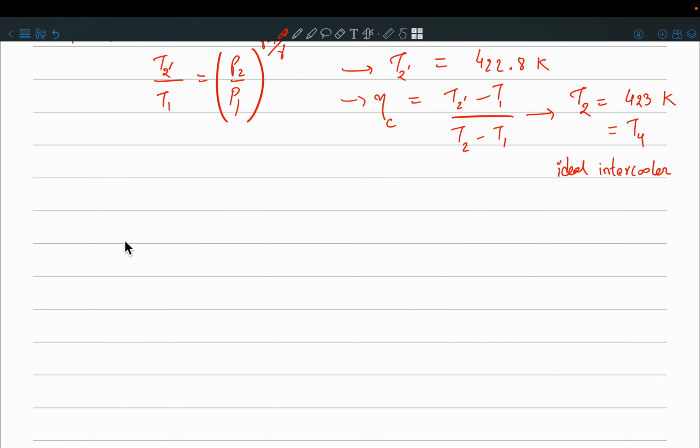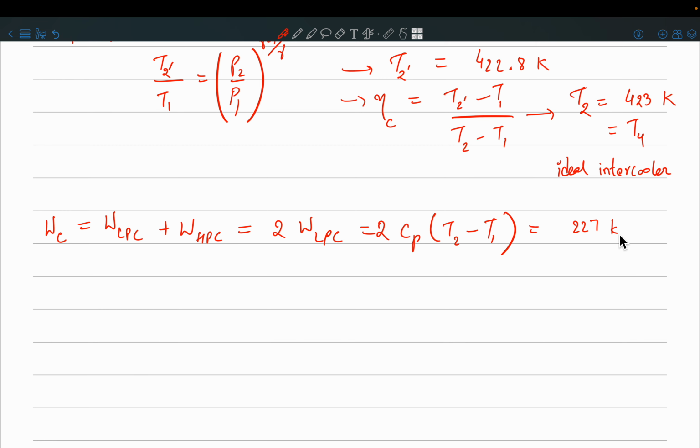Alright, so then we can find the work done by the compressor, which is going to be the work by the low pressure compressor plus the work by the high pressure compressor, and that is equal to 2 times the work by the low pressure compressor. So that is 2 times Cp into (T2 minus T1). Okay, so now you can find this is 227 kilojoule per kg.